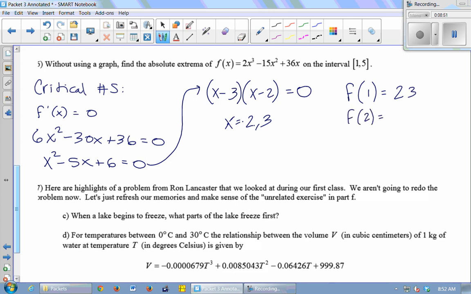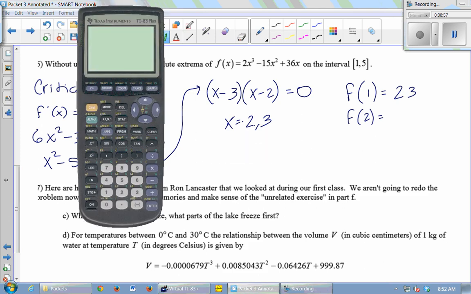F of 2, I might need a calculator. So I'm just going to type my function here. 2x cubed minus 15x squared plus 36x.